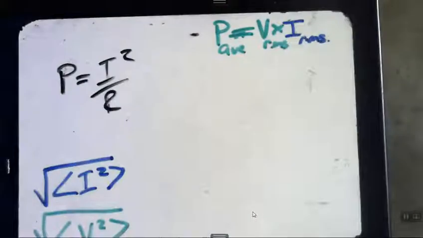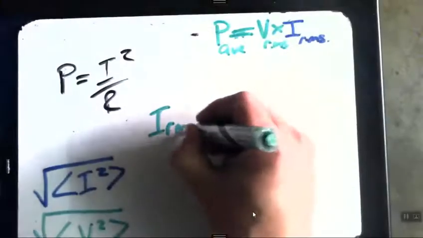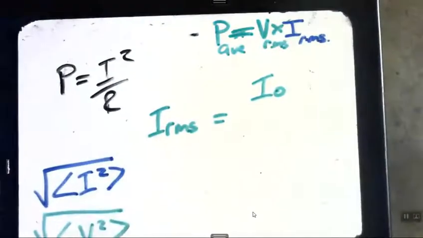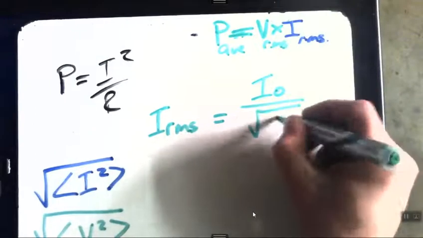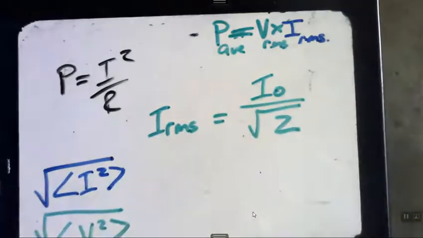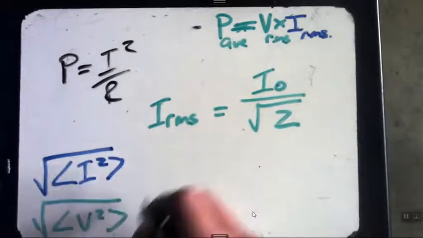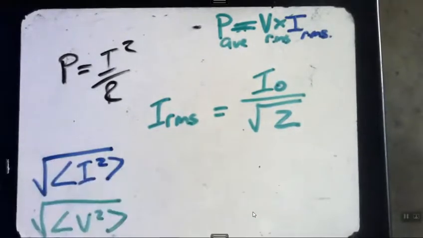Okay, so what does this look like mathematically? We can calculate this value by simply saying that the root mean square current is the maximum current divided by the square root of 2. That comes from this relationship that you do here, but you don't have to be able to prove this, you just need that equation.